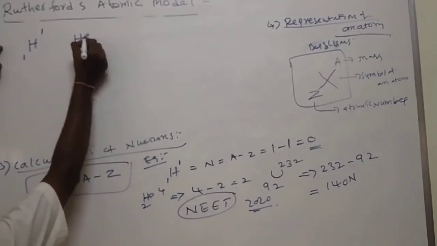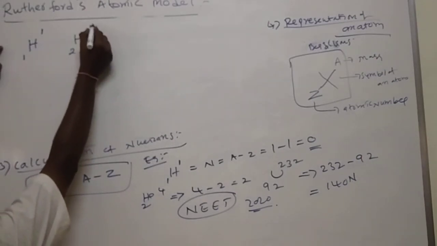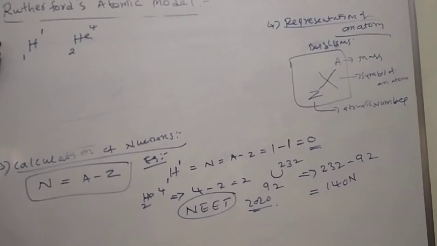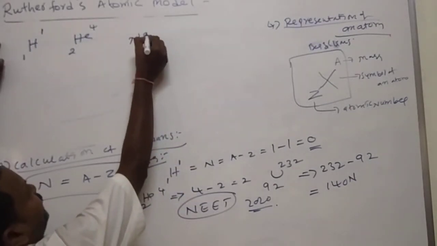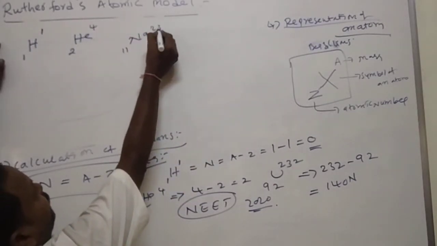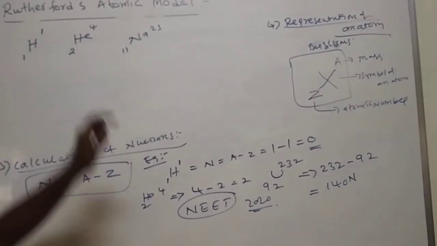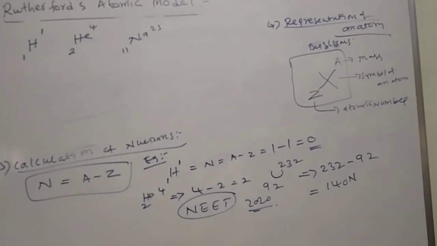Helium, atomic number 2, atomic mass 4. Take sodium, atomic number 11, atomic mass 23. This is the representation, a modern representation, which we call the Berzelius representation.